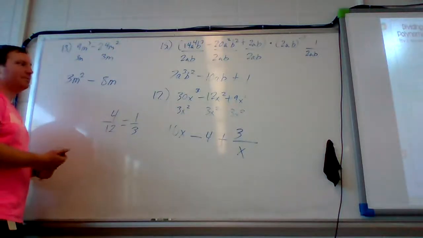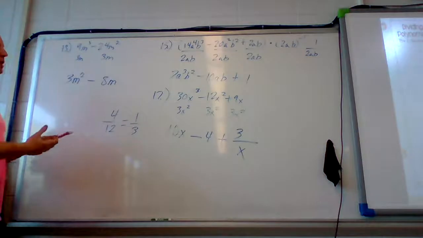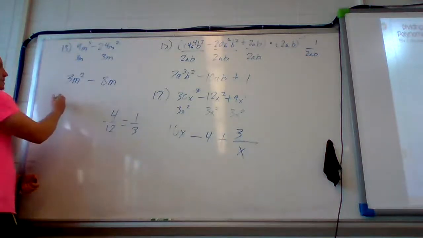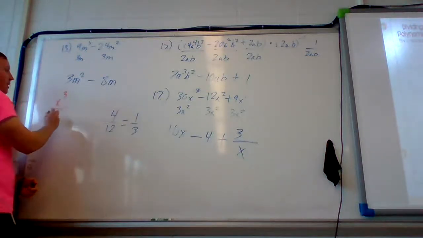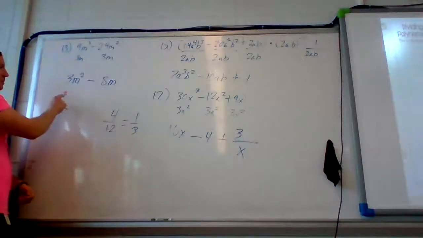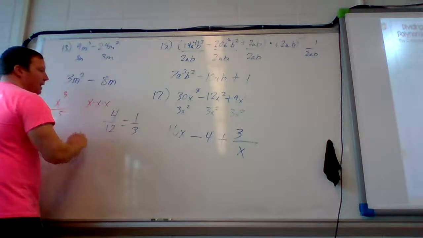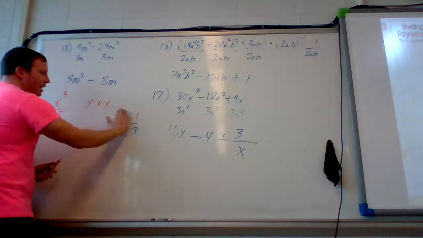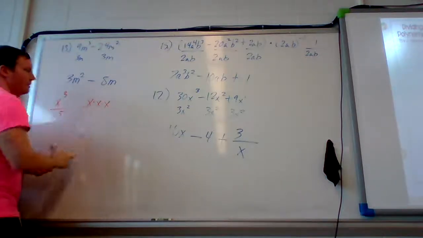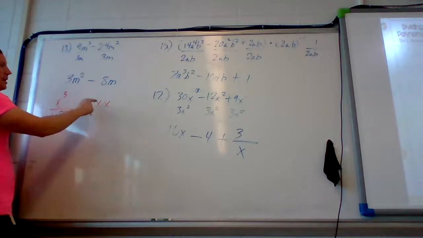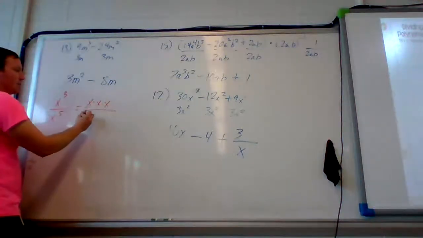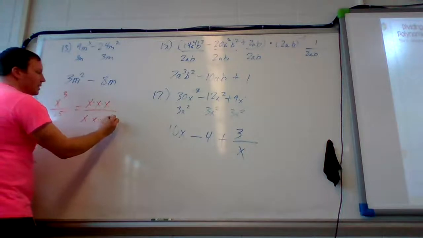Another way we can think about it, say we had something like x to the third divided by x to the fifth. Remember, exponents is just saying we have something multiplied by itself that many times. So if we have x to the third, that'd be like saying x times x times x. Or if we have x to the fifth, x times x times x times x times x.